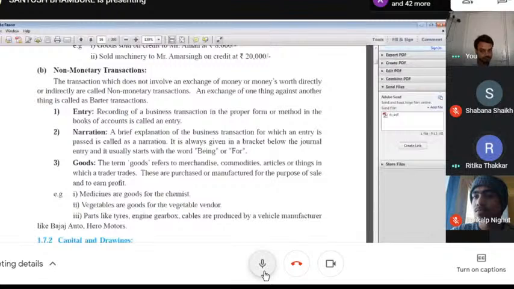Okay, so what is the meaning of transaction? Exchange of goods and services between two people or two parties. Okay, so if I give 10 rupees to you, what is the entry?